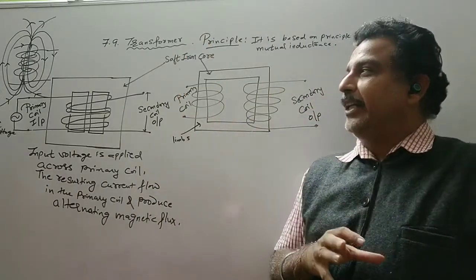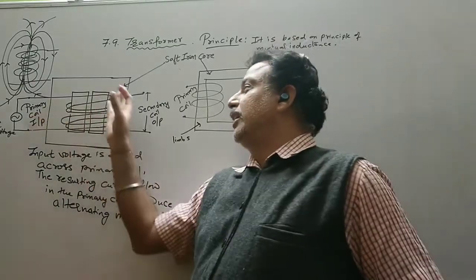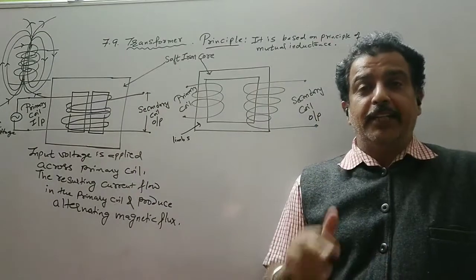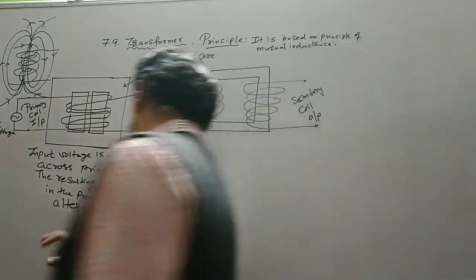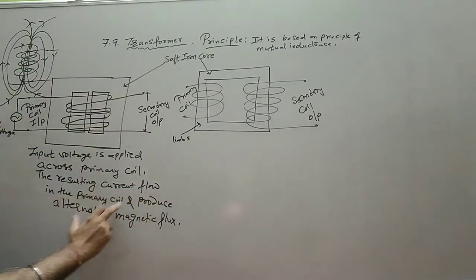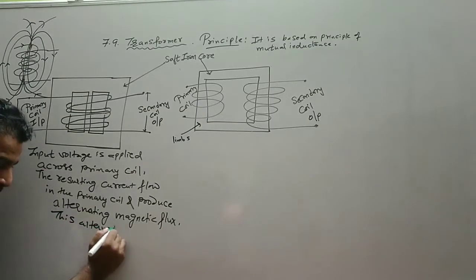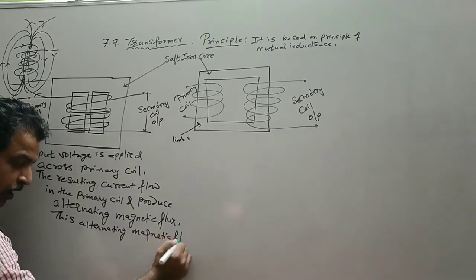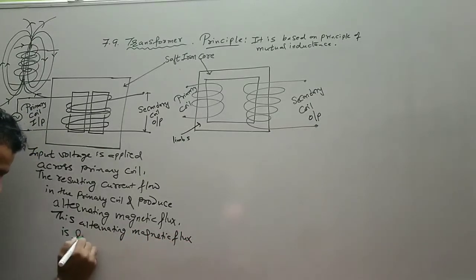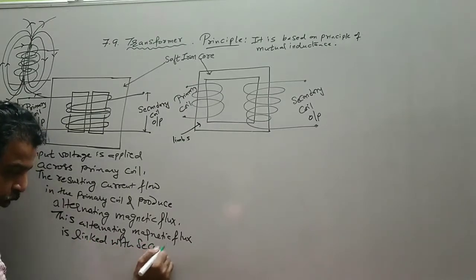Now all the magnetic flux produced in the primary coil gets linked with the secondary coil. So there is an induced EMF in the secondary coil. The resulting current flows in the primary coil and produces alternating flux. This alternating flux is linked with the secondary coil.